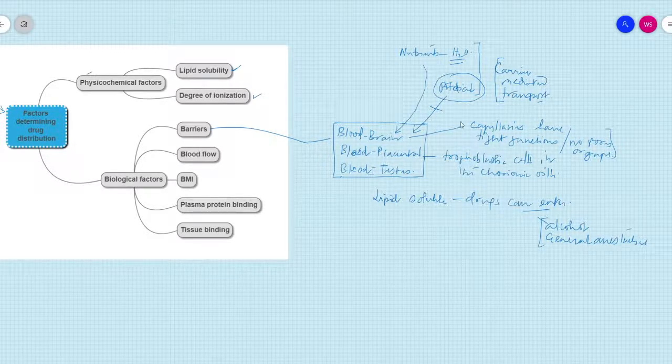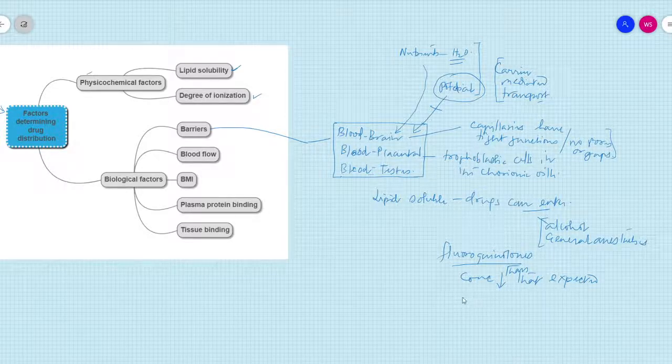Sometimes certain drugs, say fluoroquinolones, have a concentration in the CNS that is less than expected. Fluoroquinolones have lipid solubility, but still their concentration is less than expected in the CNS.